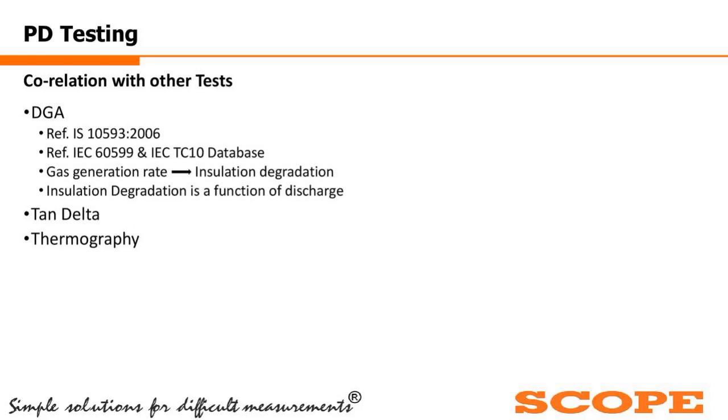At this very moment it is getting detected, and the kit might be fine, but as I have told, you have to repeat the test. If the DGA results are not changing over a period of time, then there is a chance that the PD you are getting was happening only for that time, and it might not be of a repetitive nature. It is a come-and-go kind of thing.